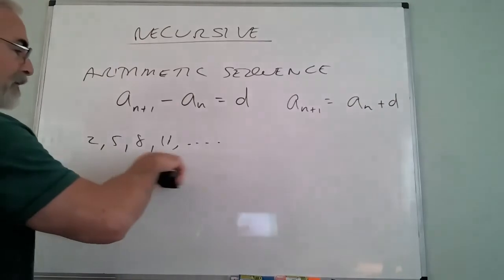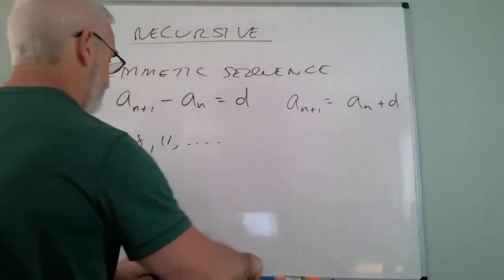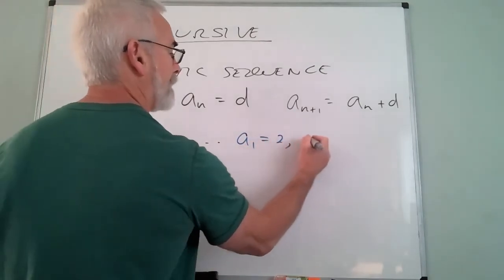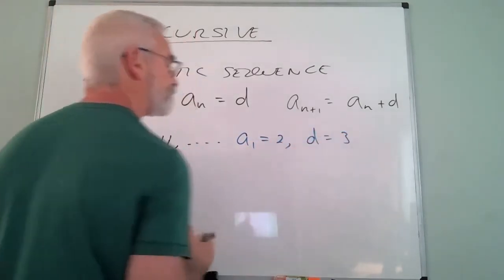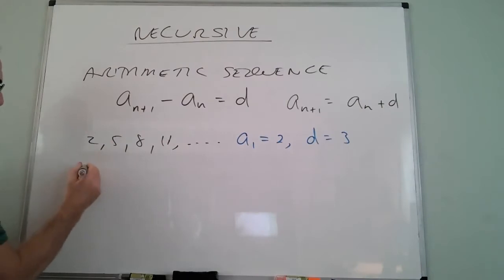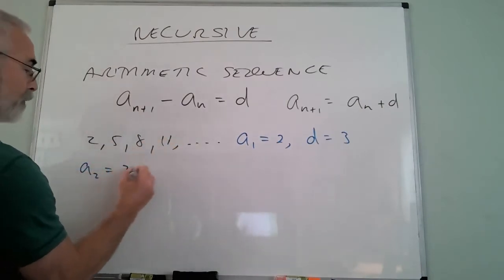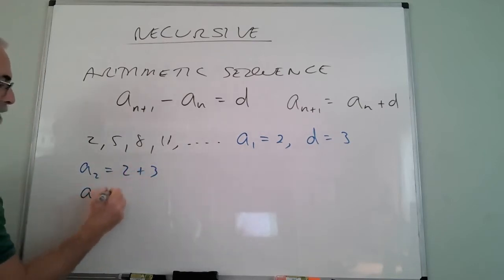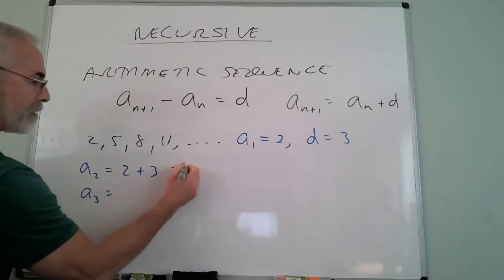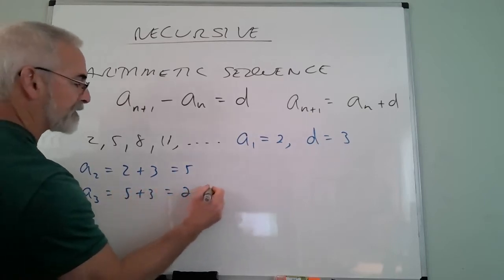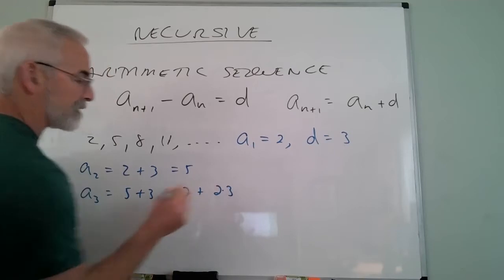So let's suppose I was looking at this guy right here. We agree this is definitely arithmetic. And the first term I can see is a 2, and the constant difference is a 3. Then what does that mean? Well, that means that the second term in these terms is 2 plus 3. But the third term would be 5 plus 3, or 2 plus 2 times 3.